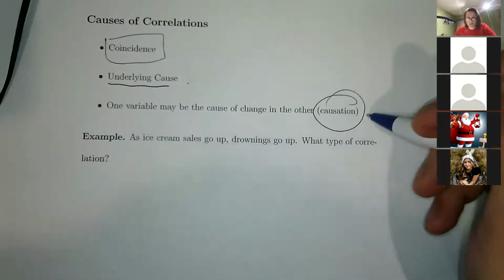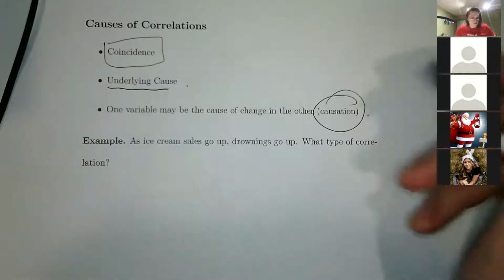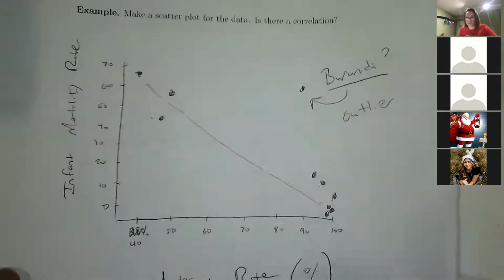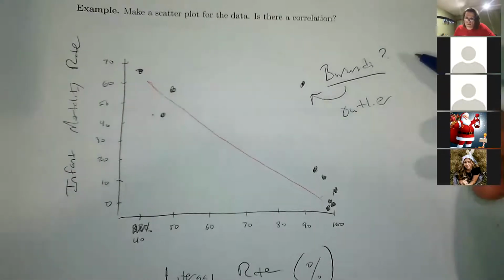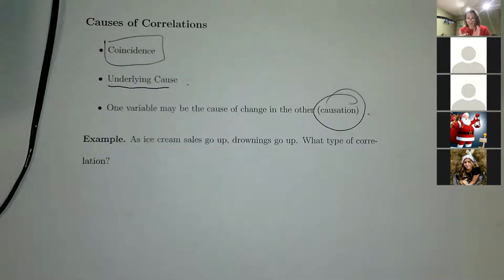So if you're doing a study and you get a bunch of data and you plot it and you show there's a correlation, it doesn't necessarily mean that there's a causation. It just means that you've shown that the two variables are related in some way, but you haven't shown that the cause is actually what you have.